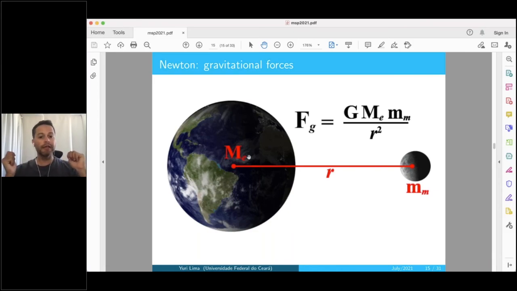And on top of that, as soon as we understand that, and we let time go by, let's say for a year, well, the distances between all of these objects in the universe are different. And as you see here, gravitational forces depend on the distance. So the intensity and direction of the gravitational forces acting on Earth change.